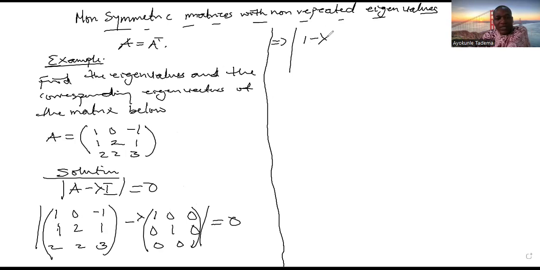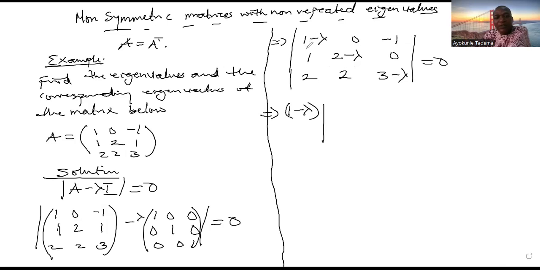You simplify this further to give you the matrix with rows 1 minus lambda, 0, minus 1; 1, 2 minus lambda, 1; 2, 2, 3 minus lambda. Everything is equal to 0. Now, how do you simplify this? Remember determinants. You have 1 minus lambda.